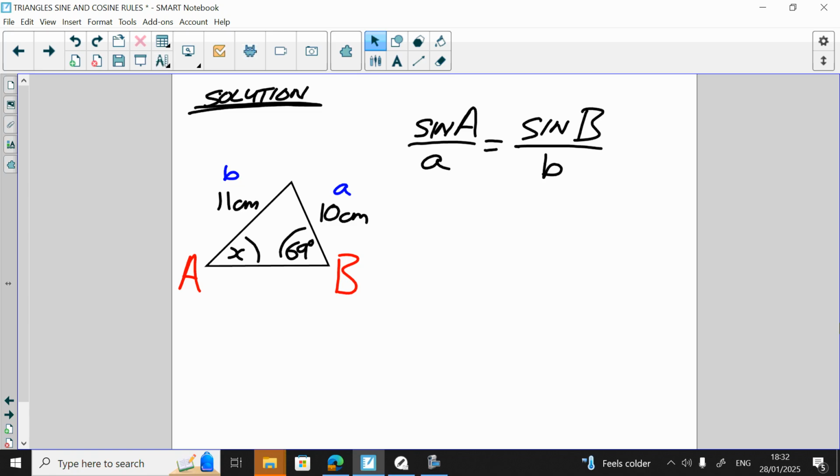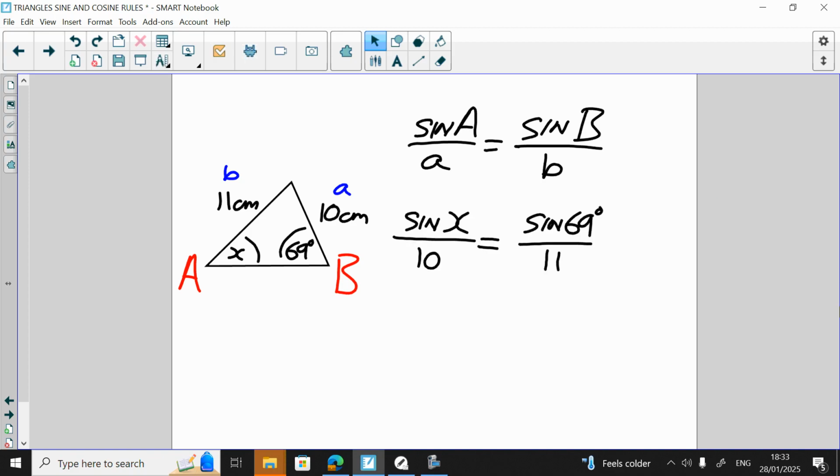But this time, the reason I'm writing it like this is because I'm looking for an angle. So instead of A over sine A, I put sine A over A because this is what I want to find. It just makes the algebra easier because I just need to get rid of small a. Okay, that's all it means here.